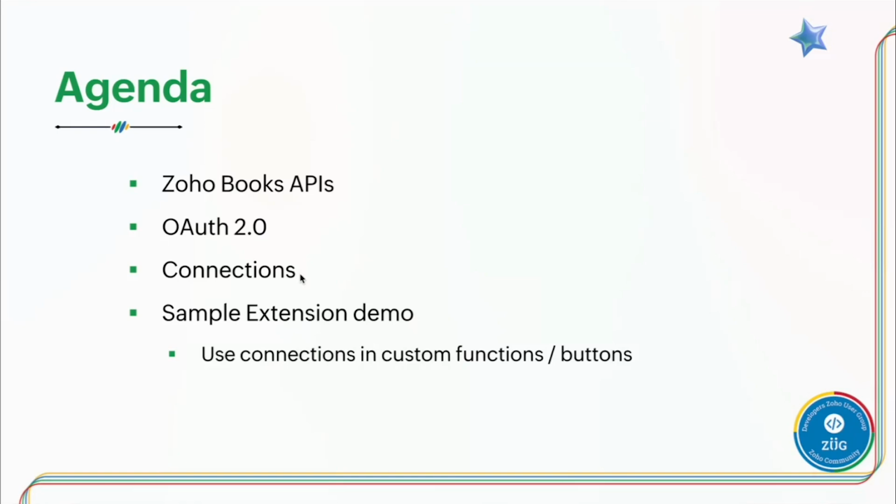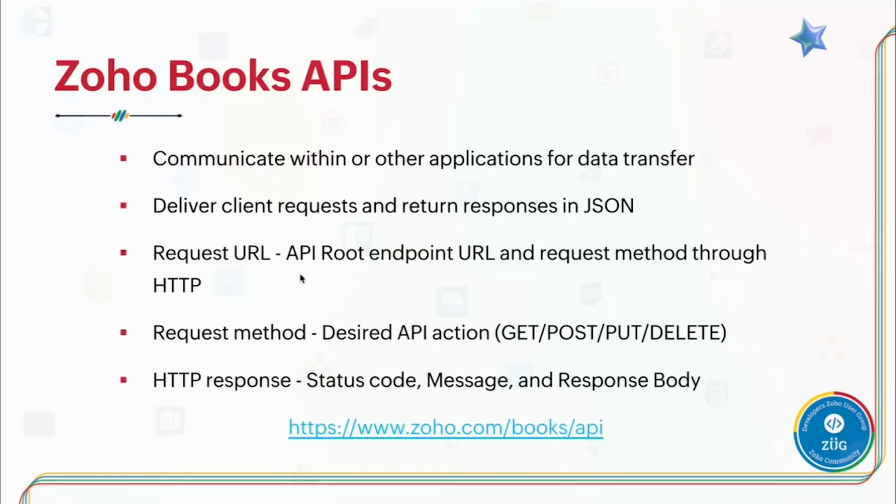Now let's get into each topic in more detail. The Zoho Books APIs facilitate the ease of data transfer, both within the Zoho Books product itself and between Zoho Books and other applications.